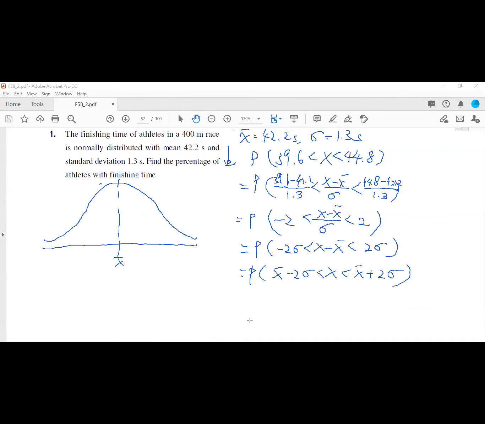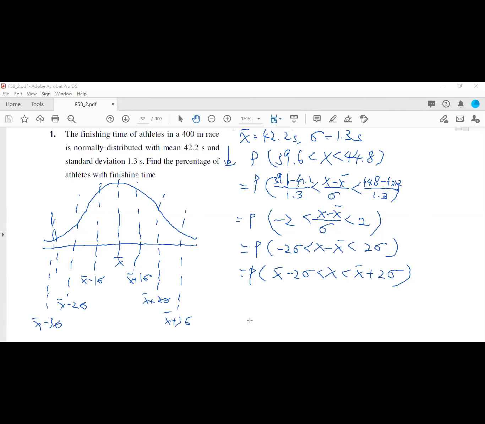and then x bar minus 1 sigma and x bar plus 1 sigma. And then second line is x bar minus 2 sigma, x bar plus 2 sigma. The third line, x bar minus 3 sigma and x bar plus 3 sigma.